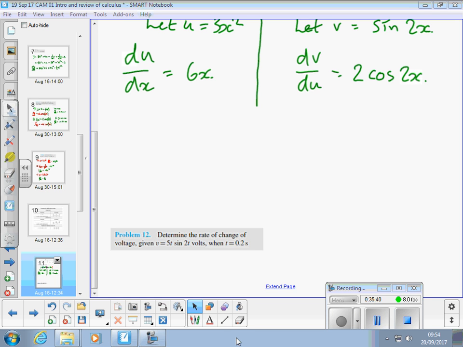Look at the formula for the product rule. It's a function times a function.